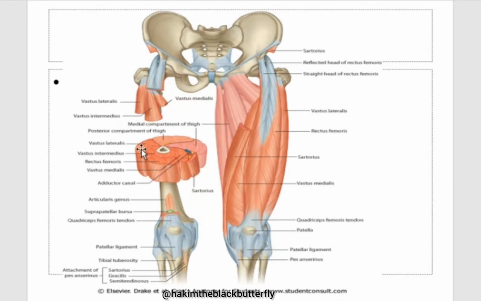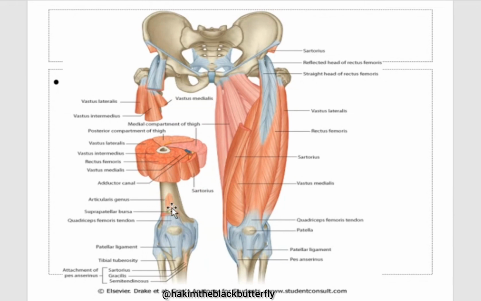Then lateral to it is the vastus lateralis, and medial to it is the vastus medialis. That is why, when the rectus femoris is in position, you do not see the vastus intermedialis, which is deep to it. And then the sartorius muscle is there. These are the muscles of the anterior compartment of the thigh, plus the iliopsoas, which does not reach this level.